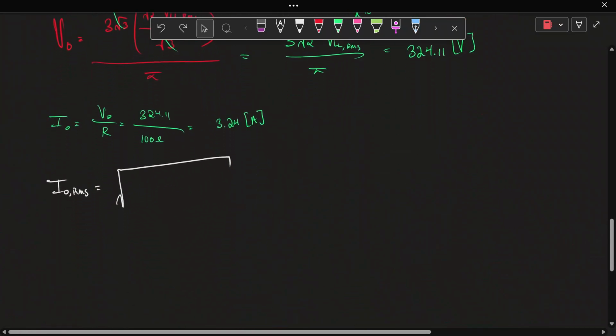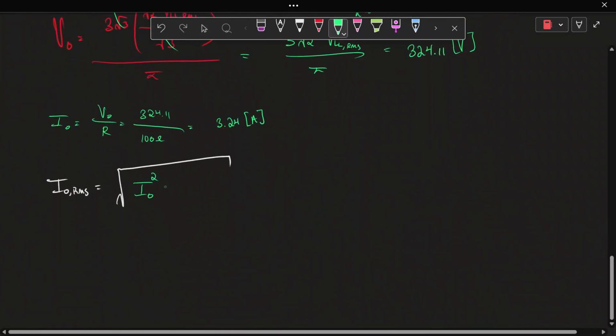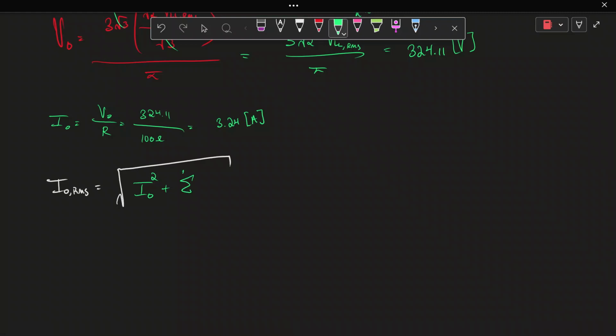So let's rewrite this equation: I naught squared, which is your average current, plus the summation of all the harmonics. And because this is a three-phase problem, we have to deal with 6, 12, and 18.